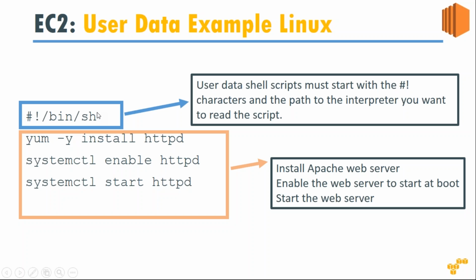This example is only for Linux users, and the next example is for Windows users. So user data is purely scripts. You don't have an option of configuring user data with the console. If you want to run something, you start with your hashbang prompt and say I'm going to run a shell script or a Perl script. Then you write your commands like this.